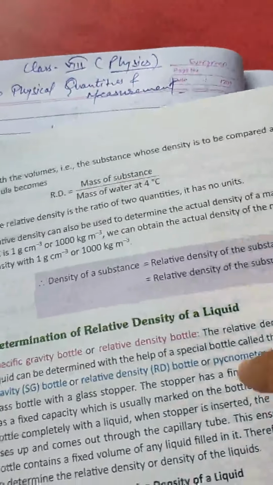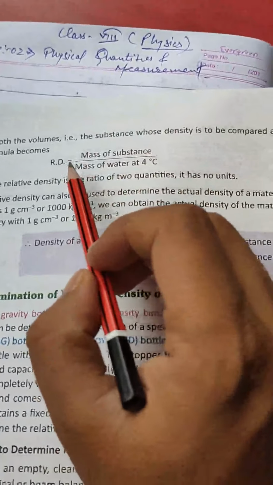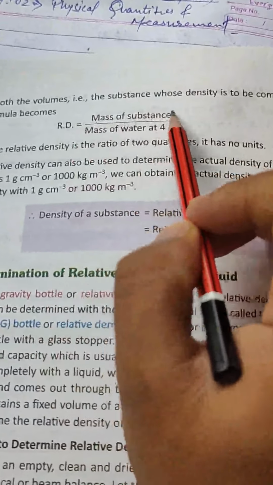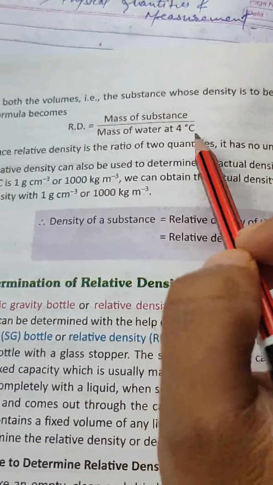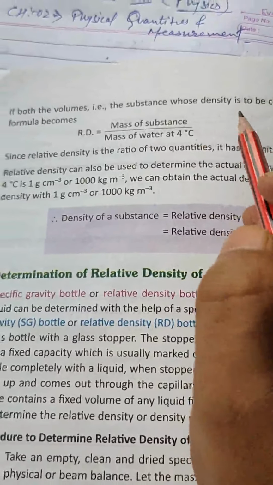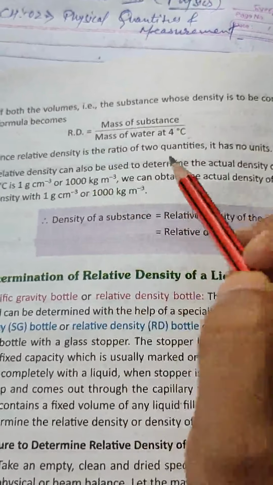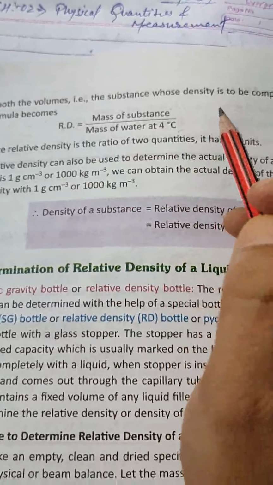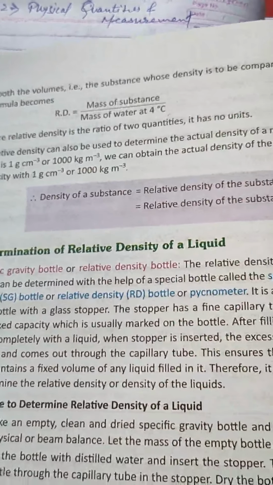They have also given the same thing here. If volumes are equal, then relative density equals the mass of the substance upon the mass of water at 4 degrees Celsius. Relative density does not have any SI unit, because it is the ratio of two densities.